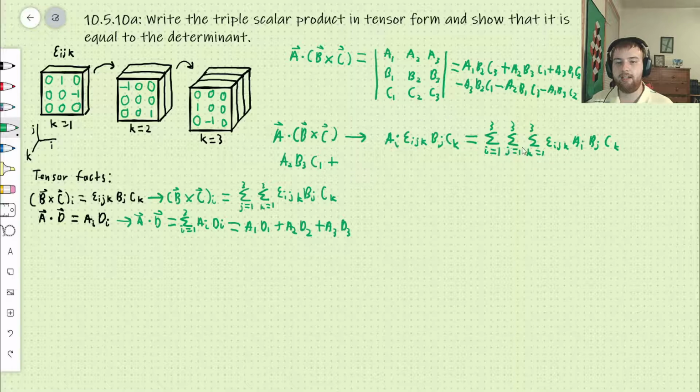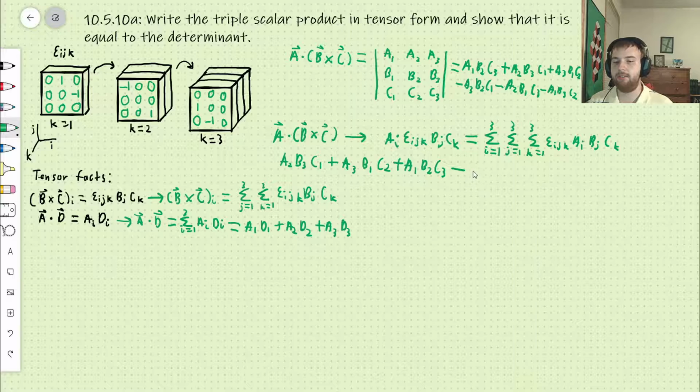Then our next one is at 3, 1, 2. So that is going to be A3, B1, C2. And then our last one here is 1, 2, 3. So that's going to be A1, B2, C3.